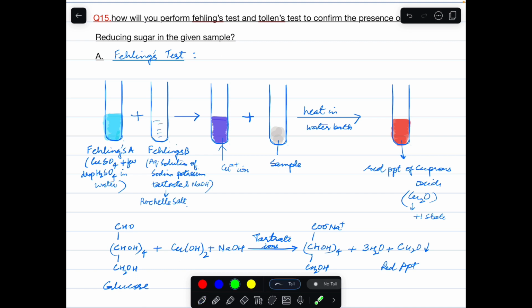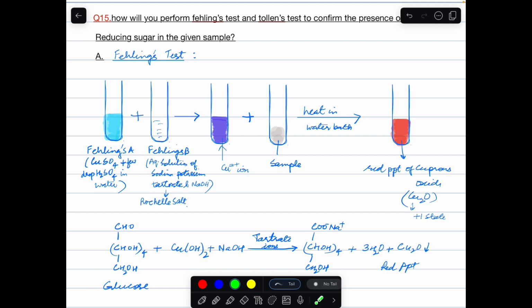Fehling's reagent is prepared freshly, and for this we mix Fehling's A with Fehling's B to get the active reagent, that is Fehling's reagent. What is Fehling solution A?